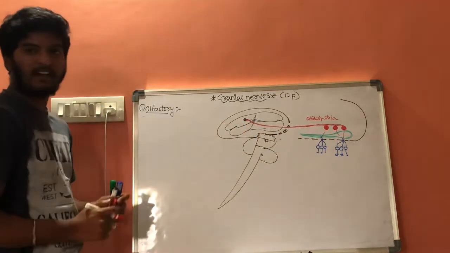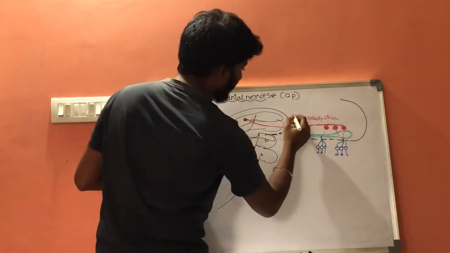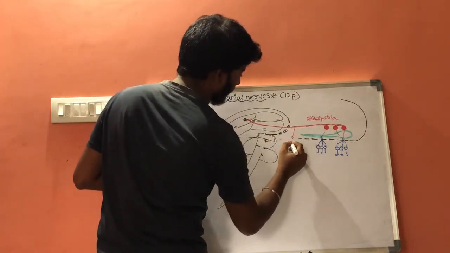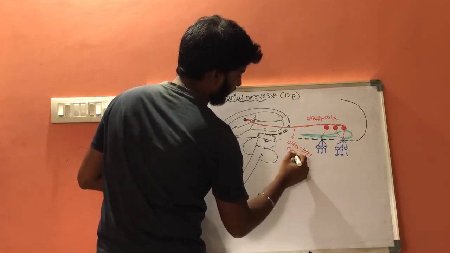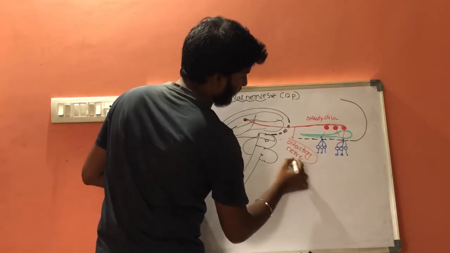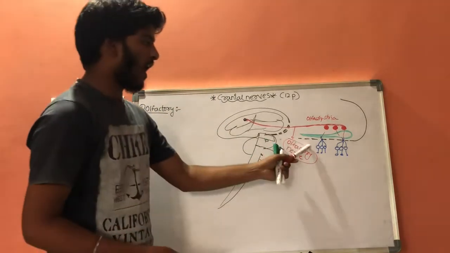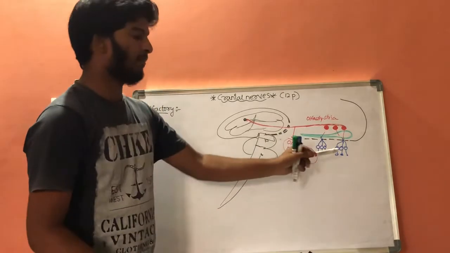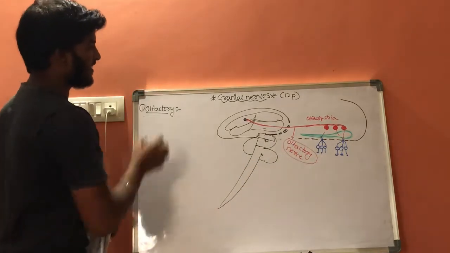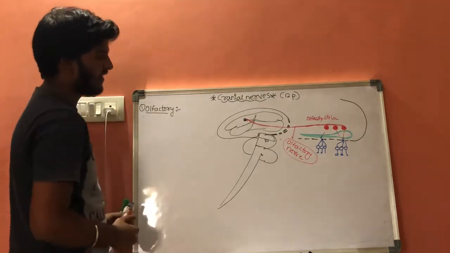This entire nerve is called the olfactory nerve, which is formed at the upper junction of the cribriform plate with the help of bipolar cells. This is the first type of nerve, that is olfactory nerve.